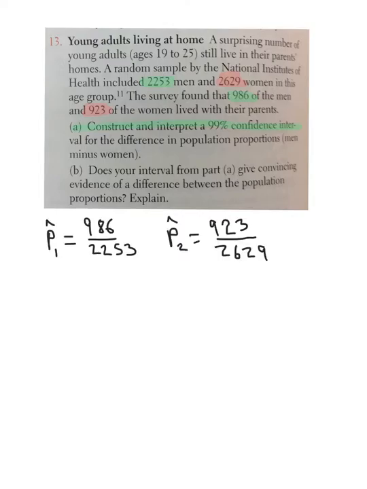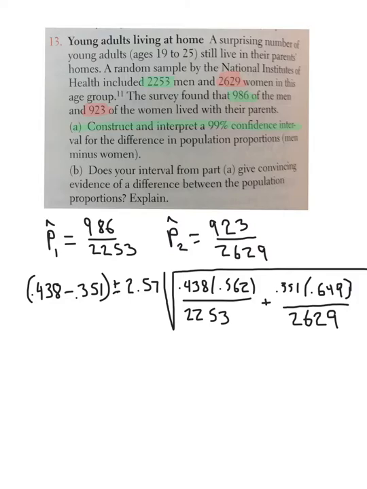And then for the men and for the women is 923 out of that group. Okay. So people that live with their parents. So here are our two proportions. I'm going to get the decimal representation and subtract them and do that big formula for the confidence interval.